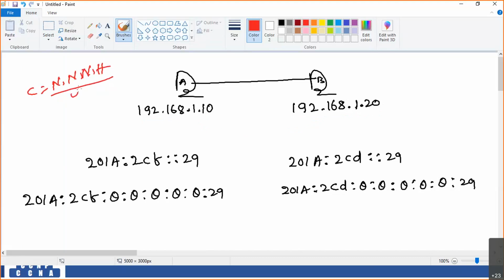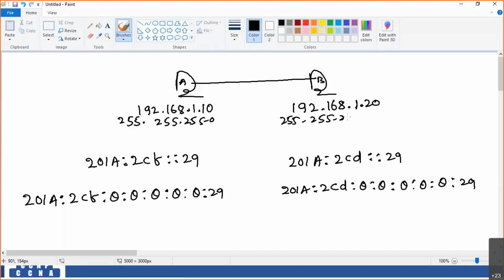As a user we can understand this, but how does your machine understand where the network portion and host portion are? Based on the subnet mask. What will be the subnet mask of these IP addresses? 255.255.255.0. By assigning a subnet mask, your machine can understand which octets are the network portion and which are the host portion.